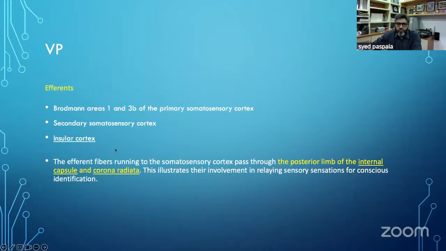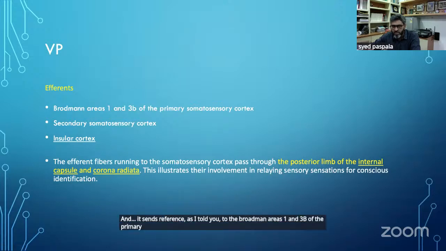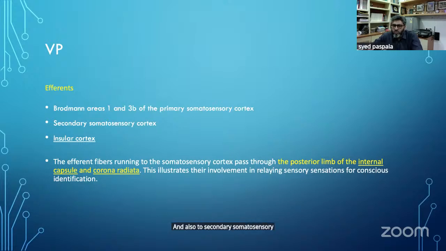It sends efferents, as I told you, to Brodmann areas 1 and 3B of the primary somatosensory cortex, and also to the secondary somatosensory cortex and the insular cortex. Usually these fibers will be passing through the posterior limb of the internal capsule and the corona radiata.